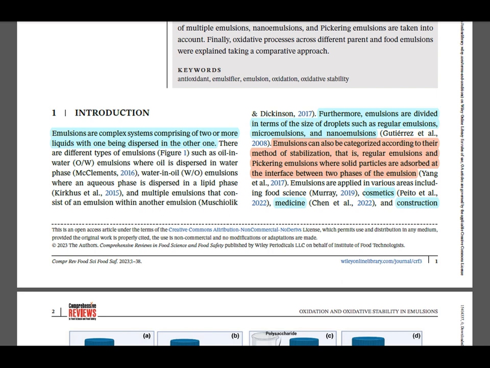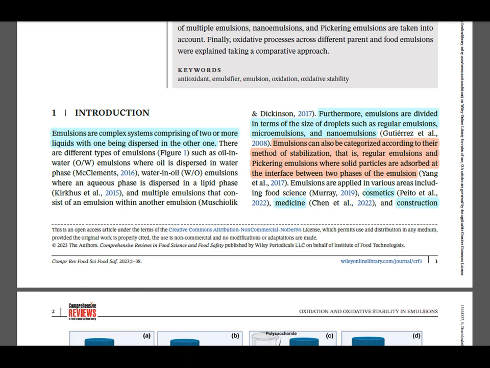Emulsions are complex systems comprising two or more liquids, with one being dispersed in the other. Emulsions are divided in terms of size of droplets into regular emulsions, microemulsions, and nanoemulsions.